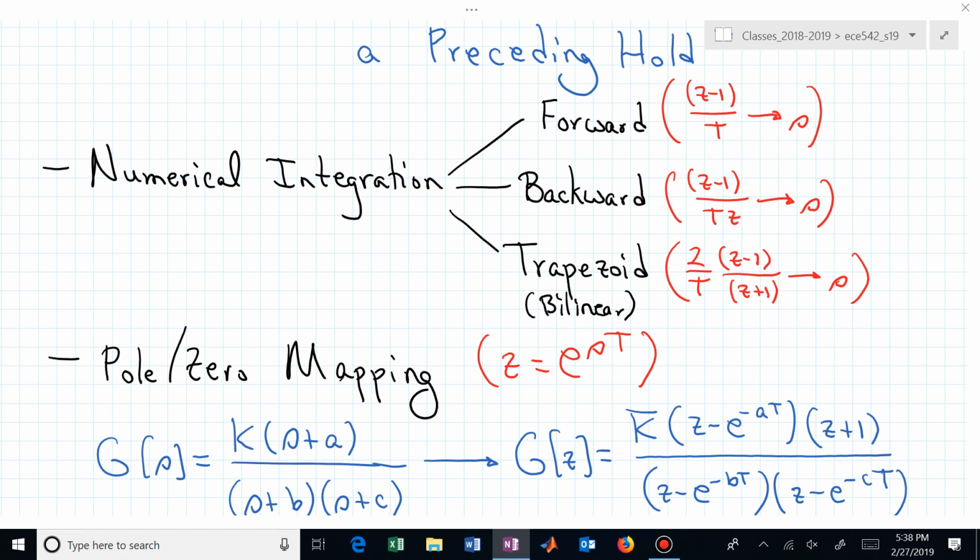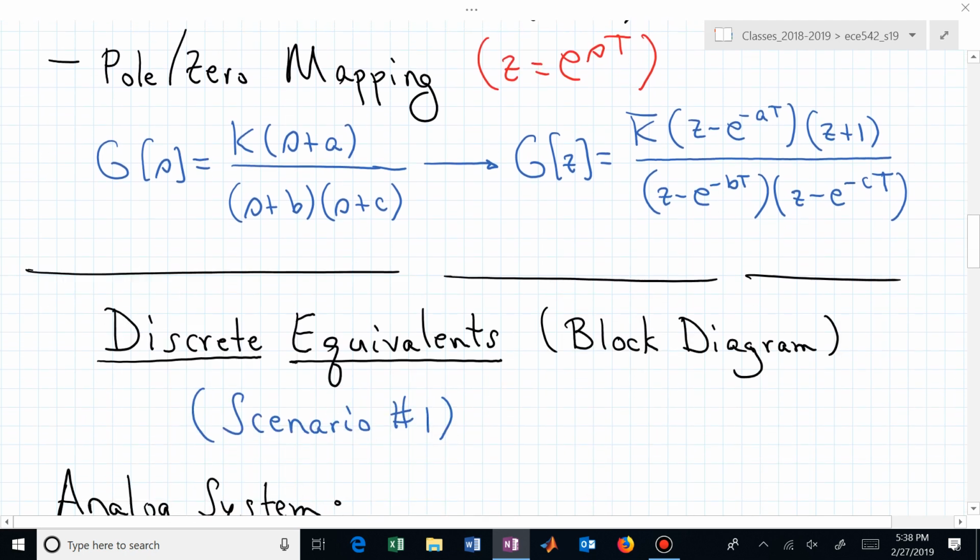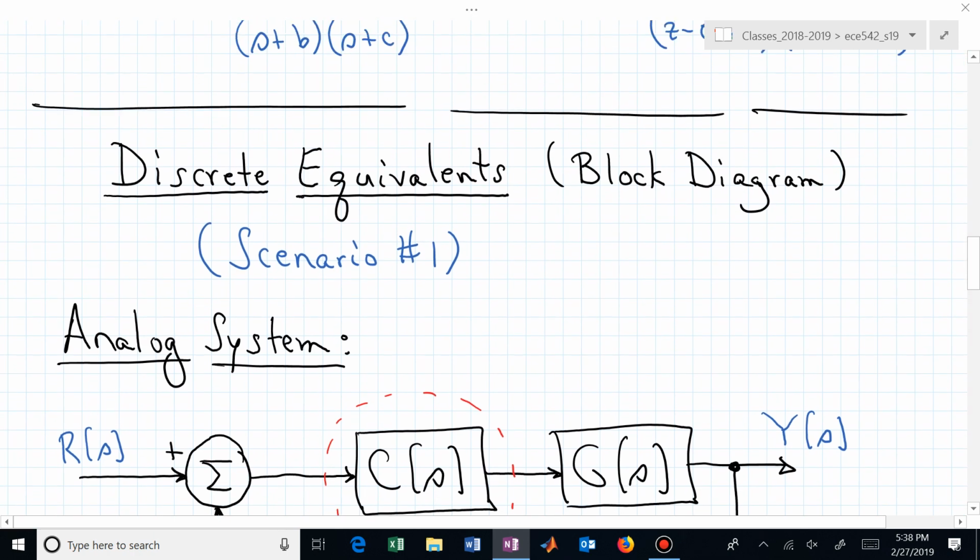There are ways of modifying that, and we'll get into that for implementation reasons, when you might want 1 fewer factor of z plus 1 than you have zeros at infinity, just so that it is a more realizable implementation in the discrete setting. We'll go over that as we get to it in the pole zero mapping.